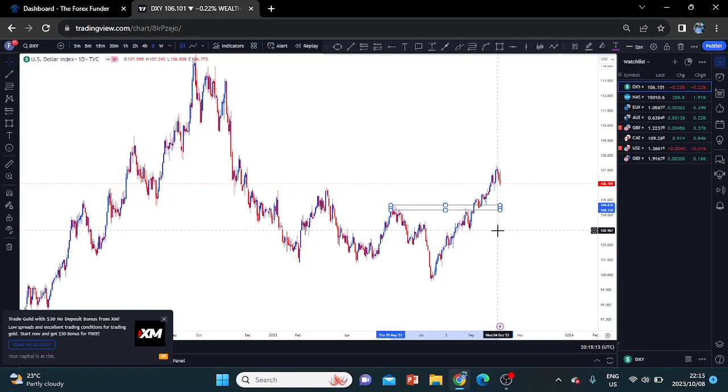Now, as you already know, the best part is here: understanding your Fibonacci. You already know that I trade using Fibonacci. So now what we're going to do is plot our Fibonacci. Remember, the first thing you check once you open your chart is market structure, so that you can properly place your Fibonacci.